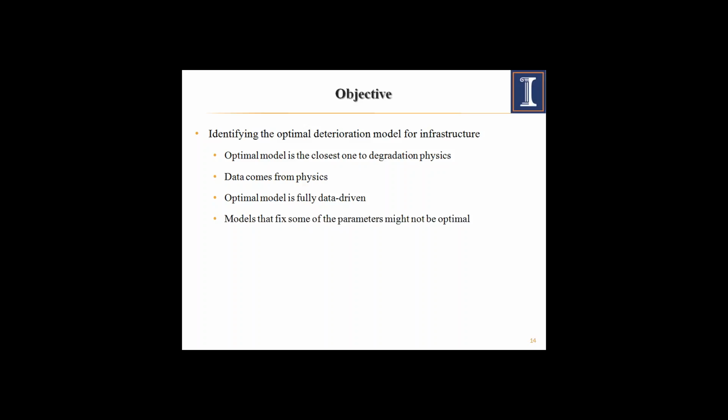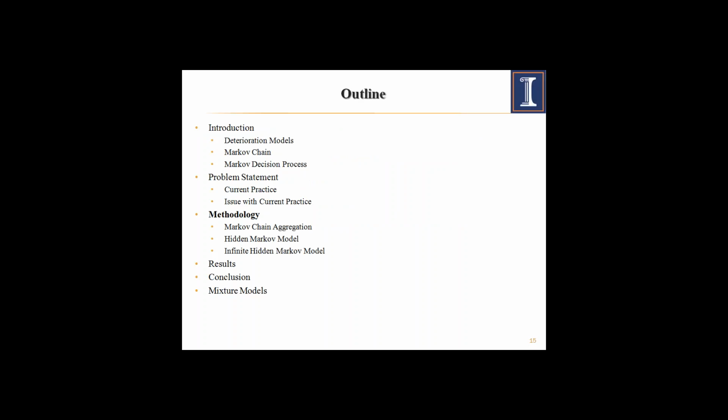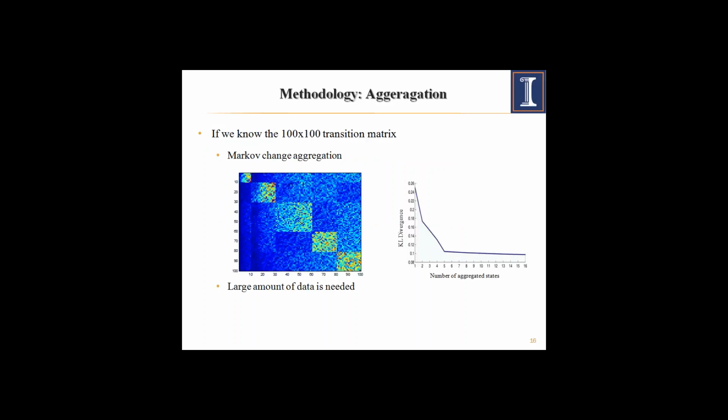So how would we do that? If we have a very large data set, maybe instead of assigning the PCIs to the states first and then finding the transition matrix, maybe we can find the 100 by 100 transition matrix first, and then use the Markov chain aggregation methods to find which PCIs should be aggregated together in a superstate.